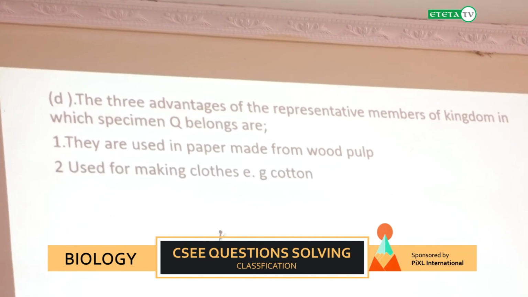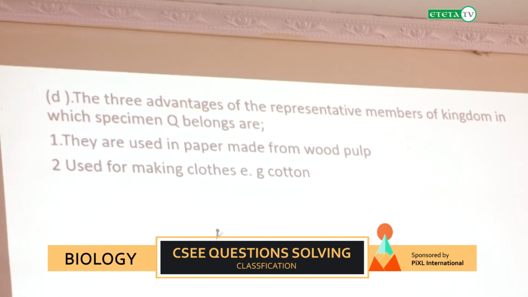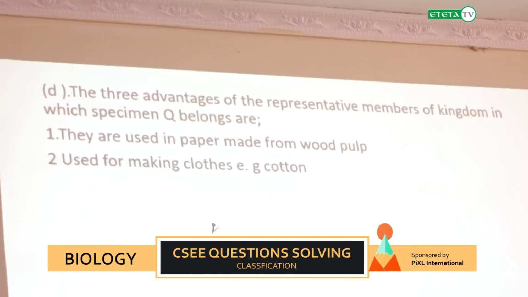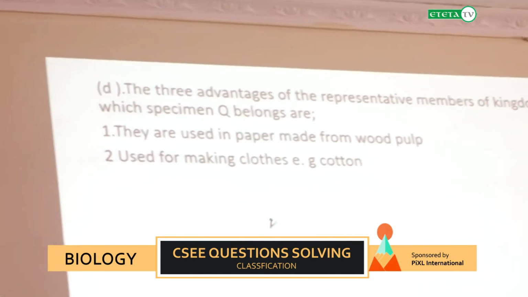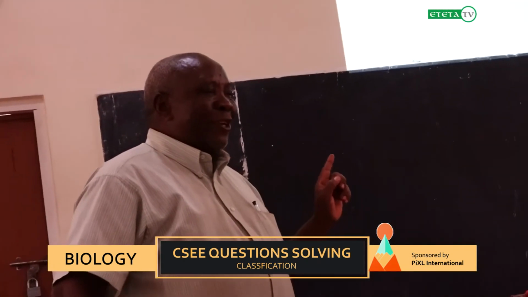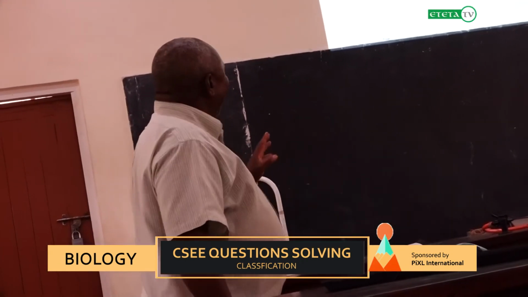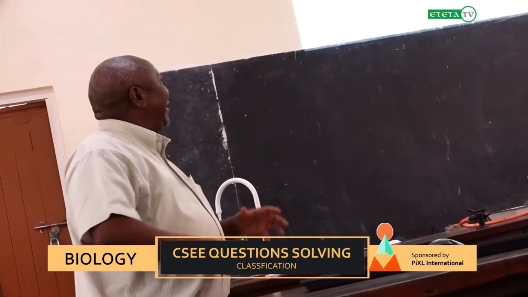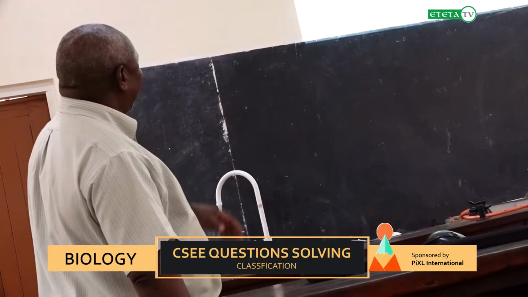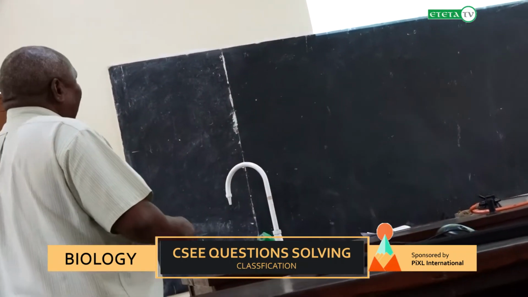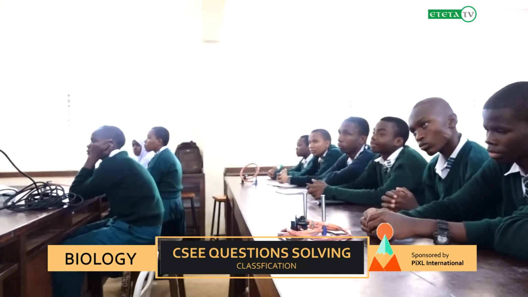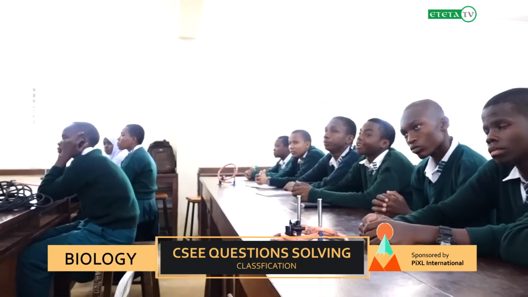And also, they are used to make clothes. This is the product of cotton, which is also in this kingdom Plantae. This is an industrial product, so it's an advantage that from this kingdom we get the clothes we are wearing. Number 3, they are used for timber.